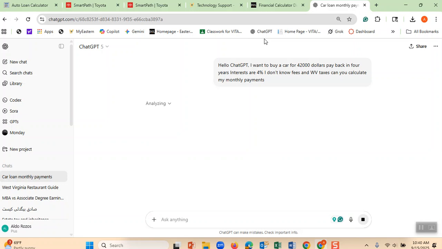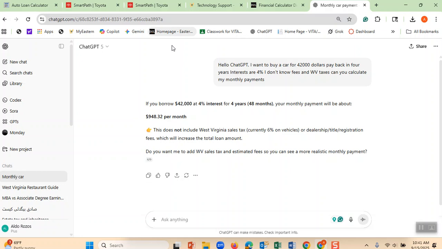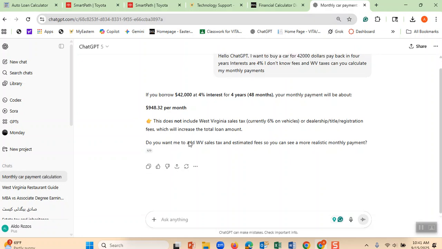But my recommendation, try to learn the calculator. Although ChatGPT can get this price for you and give you some number, and here you go. This doesn't include West Virginia 6% taxes. Okay, it says that my payment is about 900.